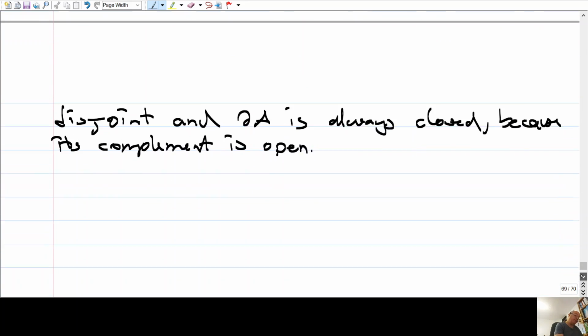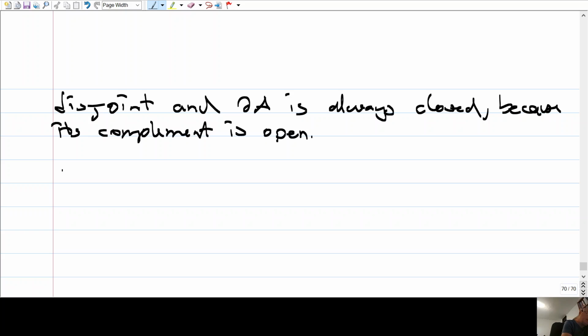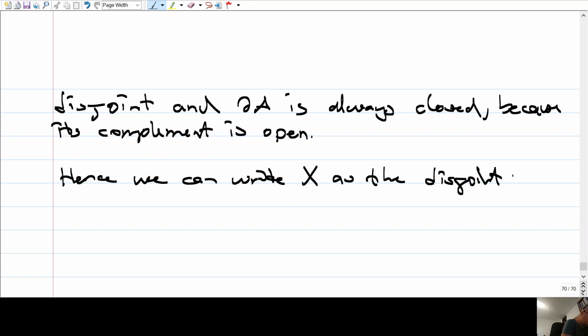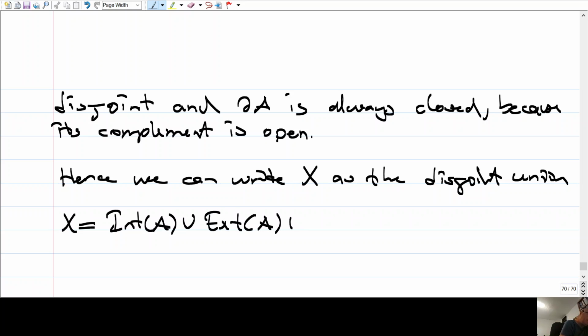In particular, we have the following. Hence we can write X as the disjoint union of interior of A, exterior of A, and boundary of A. Because boundary is defined to be X minus these two, therefore this is a disjoint union.